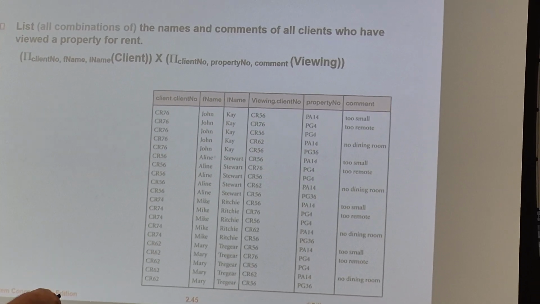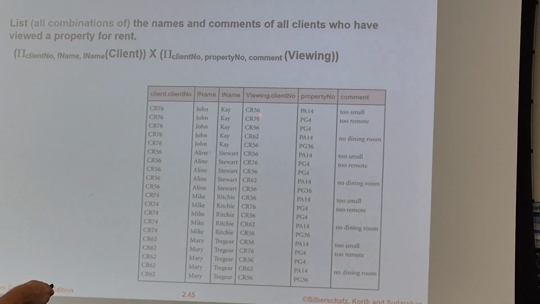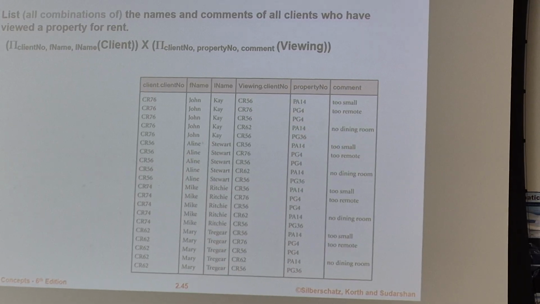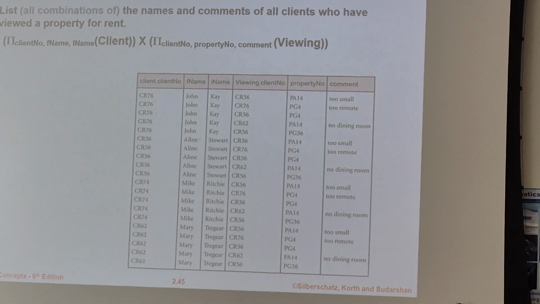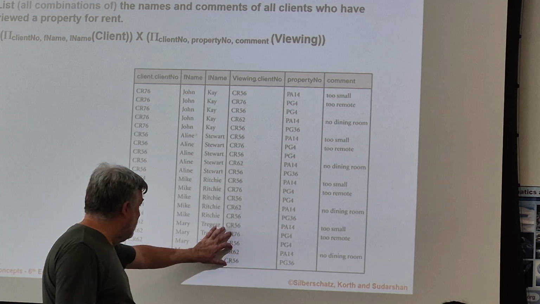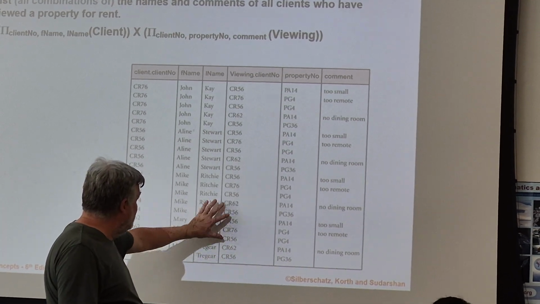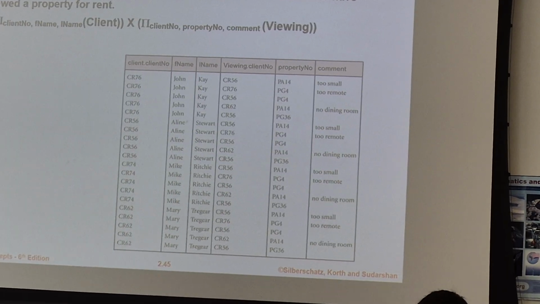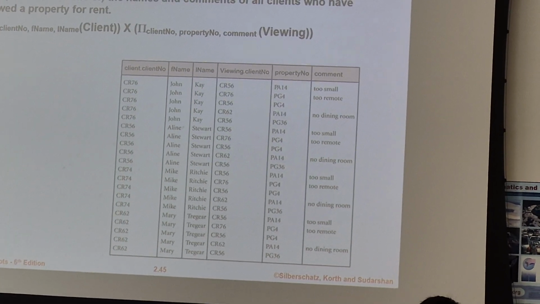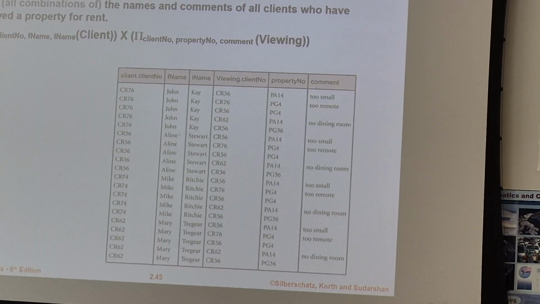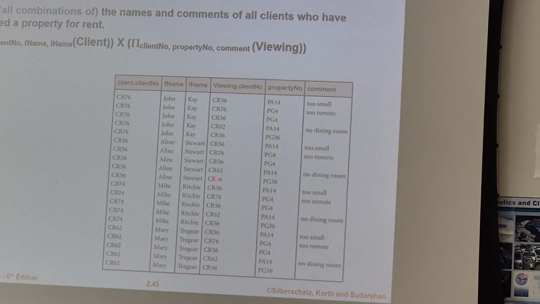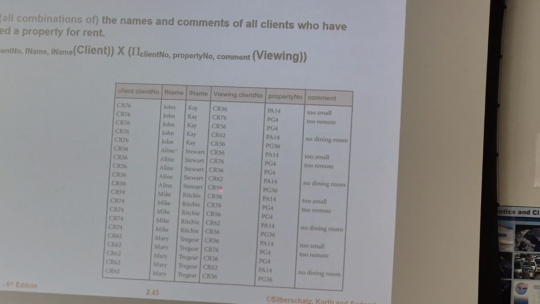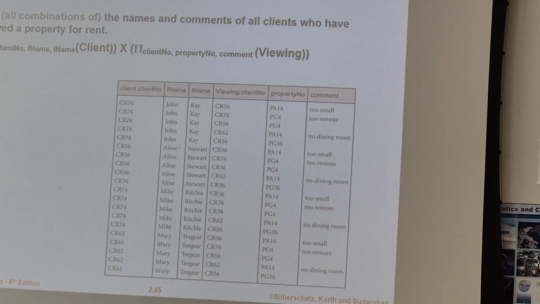Some clients didn't leave comments, I guess. It's hard for me to figure out how many rows are in the viewing table from this. I guess there are only 1, 2, 3 unique values here. 3 times 5, 15. Do we have 15 rows here? We seem to have about 20 rows, so maybe I'm missing a unique value. CR 56, 76, 62, and I'm only seeing 3.